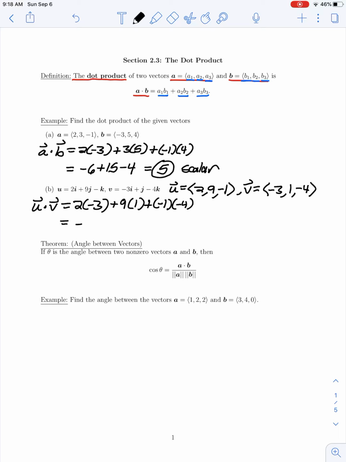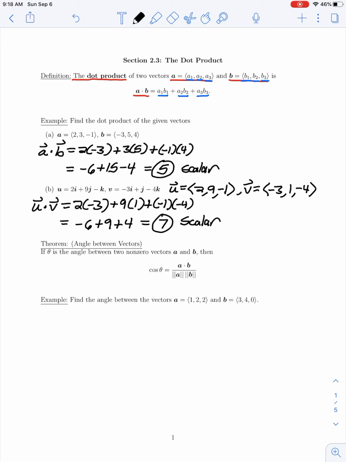So this gives us a -6 plus 9 plus 4 or 7. So again, here I want to stress the dot product of two vectors is not a vector, but it is some number. Or when we're talking about vectors, we would refer to a number as a scalar.